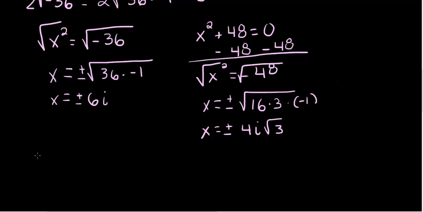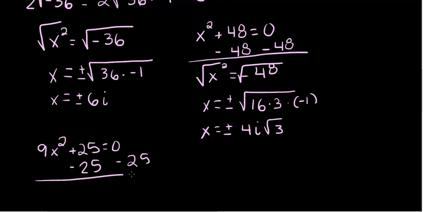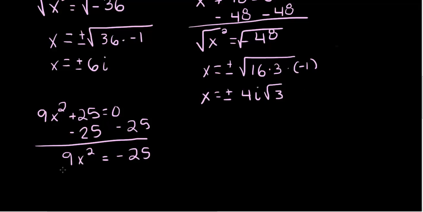Okay, let's try one more. 9x squared plus 25 equals 0. We first subtract 25 from both sides. So that's going to give us 9x squared equals -25. Then we are going to divide both sides by 9.